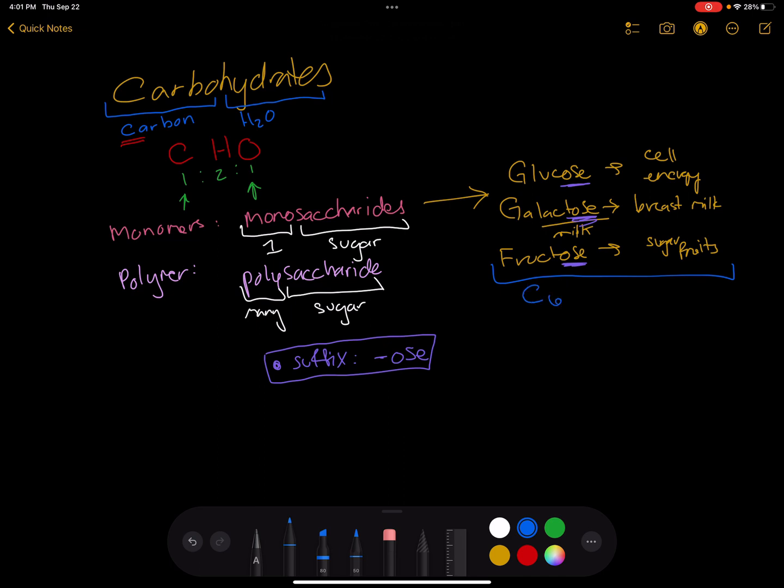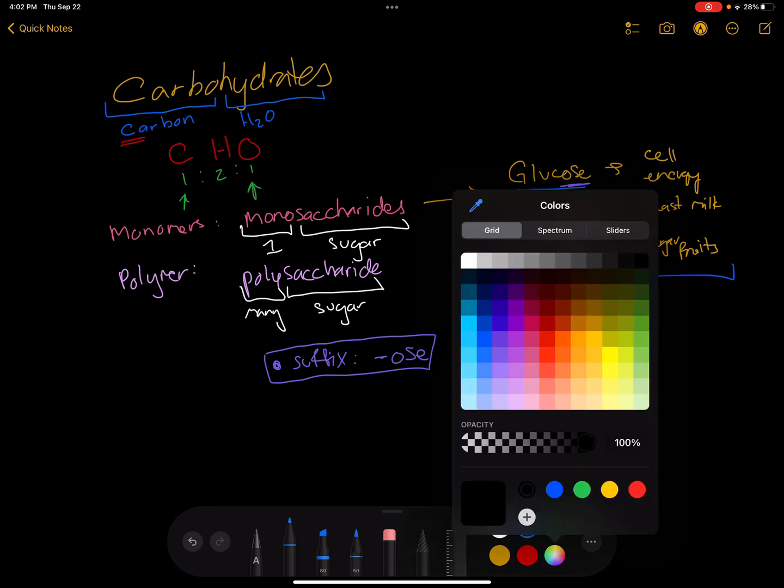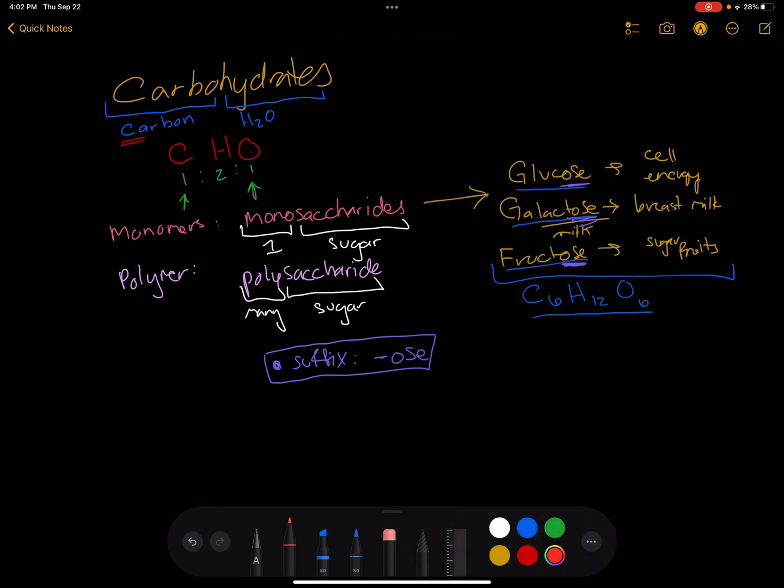Now going back to these monosaccharides up here, what I want you guys to see is that they're made of the same three elements, because all carbs have these, but they're all C6H12O6. They all have the exact same chemical formula. Glucose is C6H12O6, galactose C6H12O6, fructose C6H12O6. What differs between them is the fact that they are shaped differently, okay?